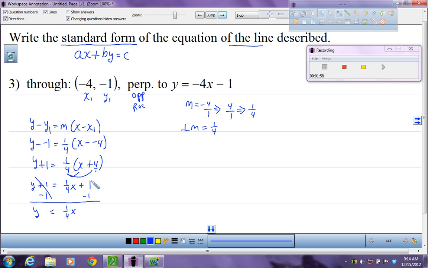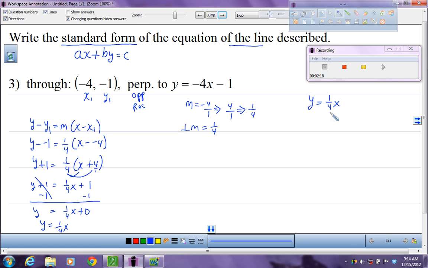And over here on the right side, they also become 0, which basically means that I can just write y equals 1/4 x, right? So I got y equals 1/4 x, or 1/4 x plus 0, whatever you want to call it.